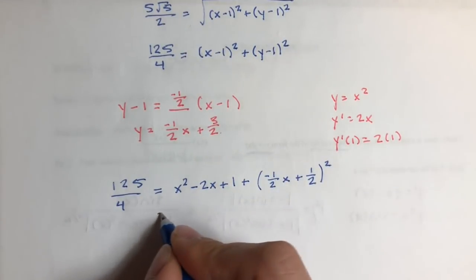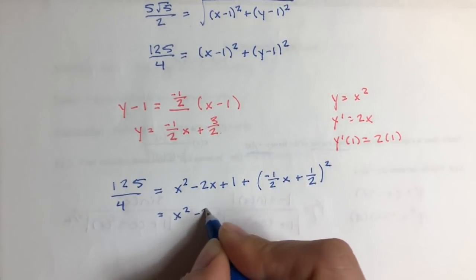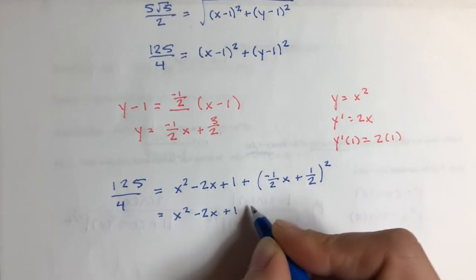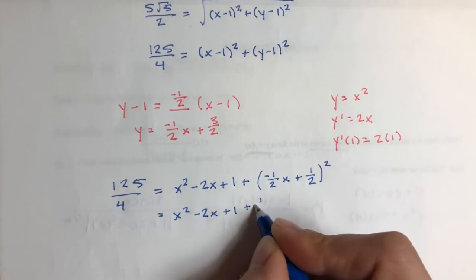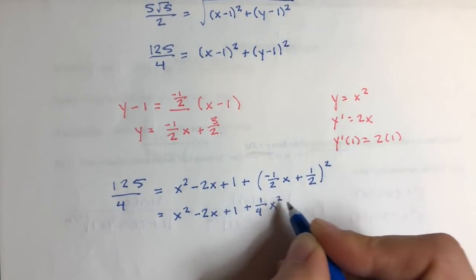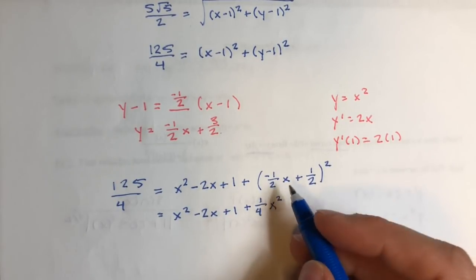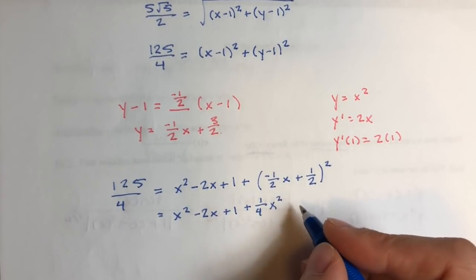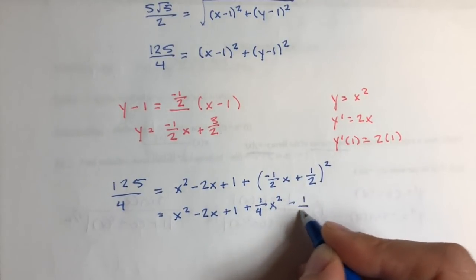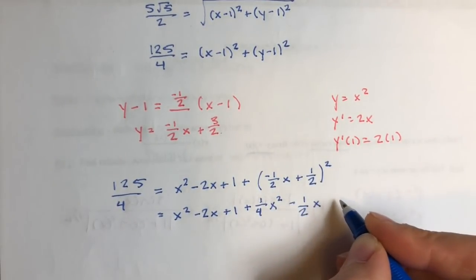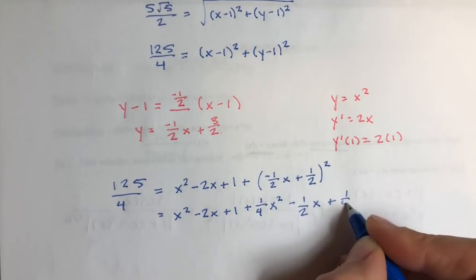That's going to be x squared minus 2x plus 1 plus 1/4 x squared, then 2 times 1/4, so minus 1/2 x plus 1/4.